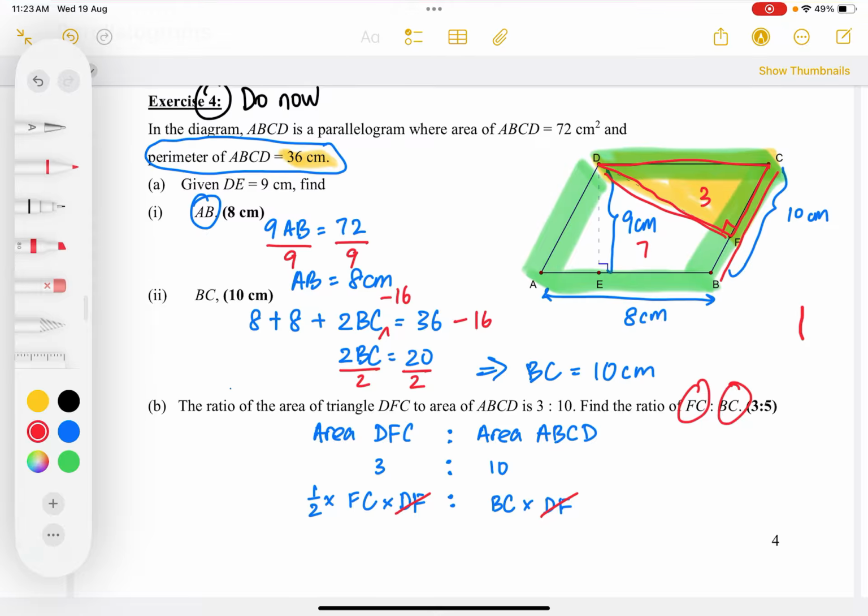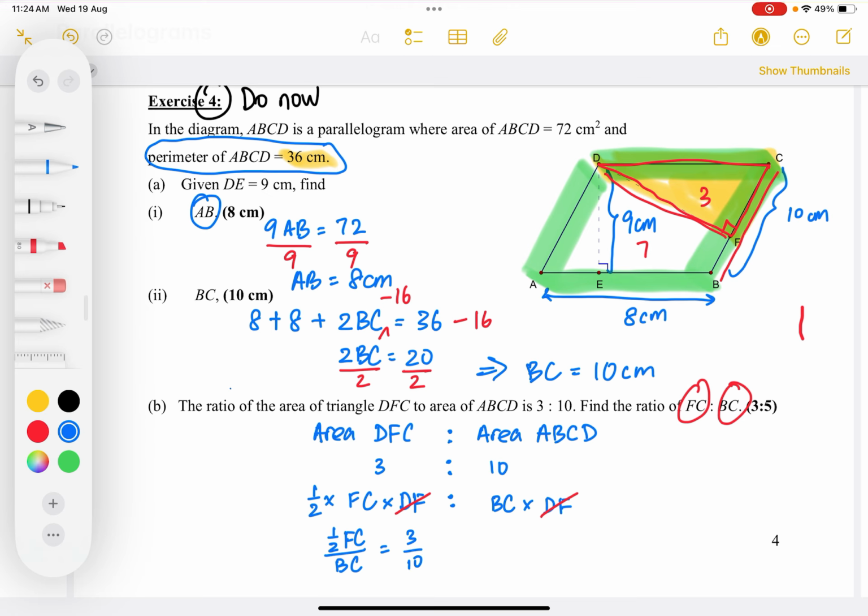So we can put it down in our fraction. Remember, we talked about ratio. If we convert it to fraction, sometimes it makes it easier. So currently, we have half FC out of BC is the same as 3/10.